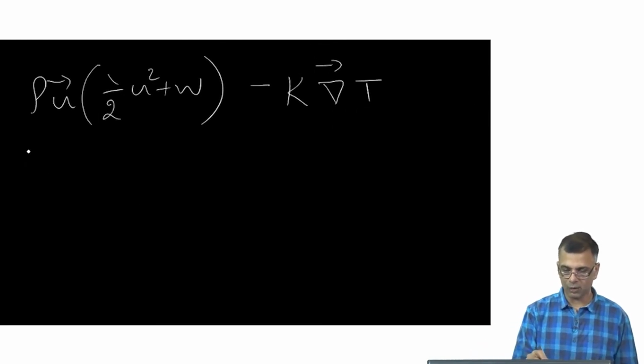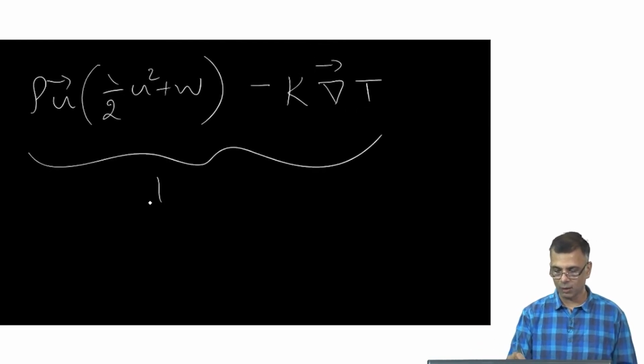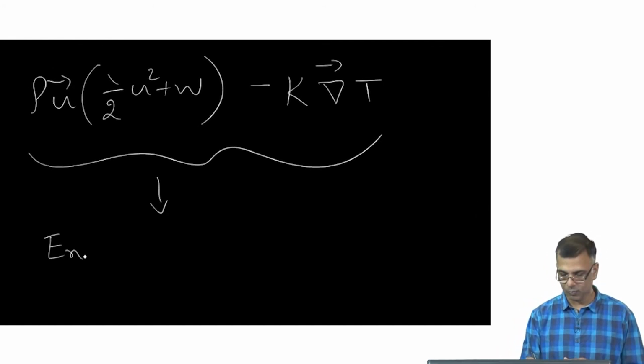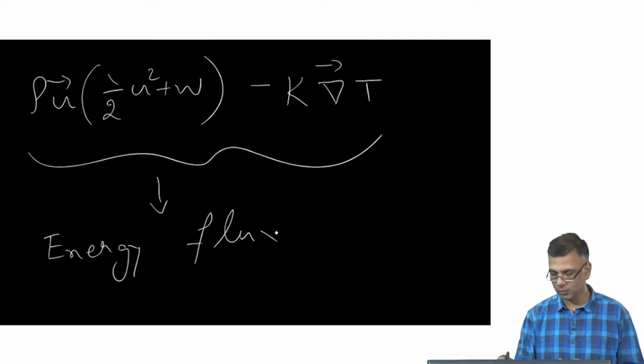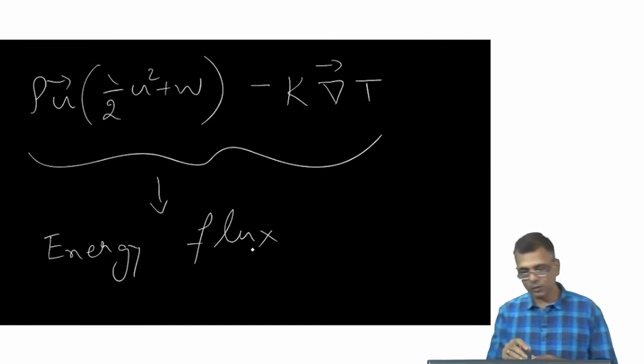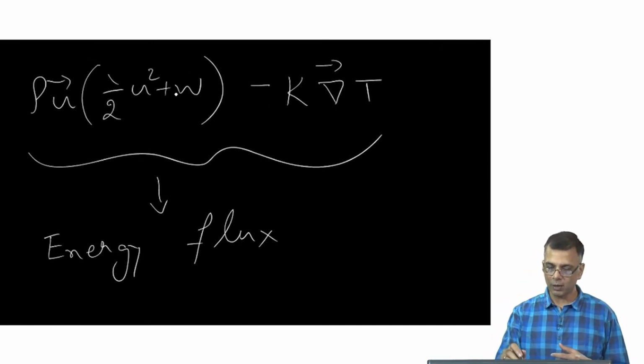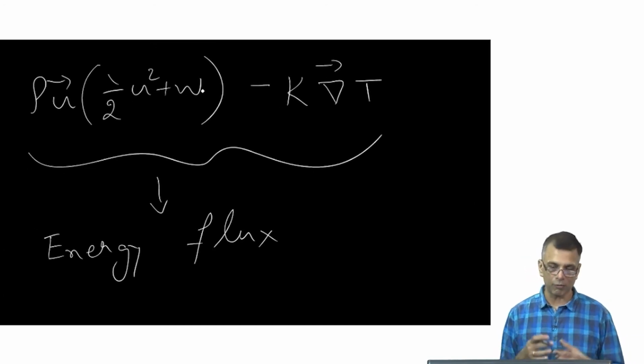This entire thing is the energy flux. Again, this is nothing new, right. So, this has to do with the kinetic energy of the bulk flow, and this has to do with whatever is internal to the fluid.